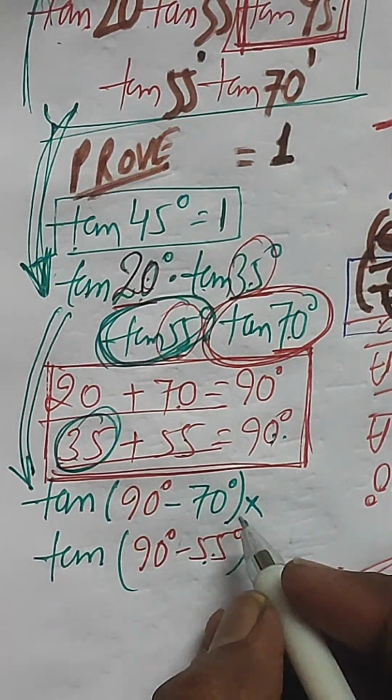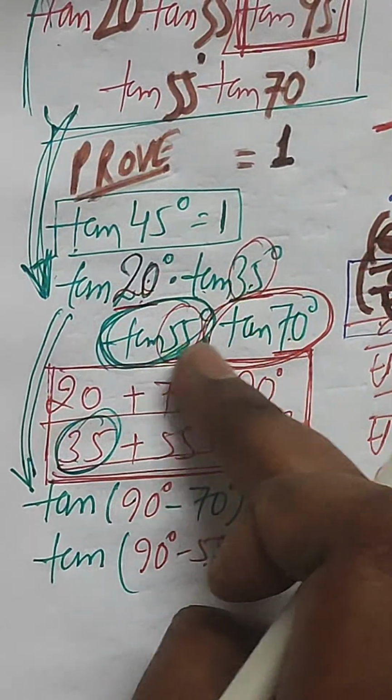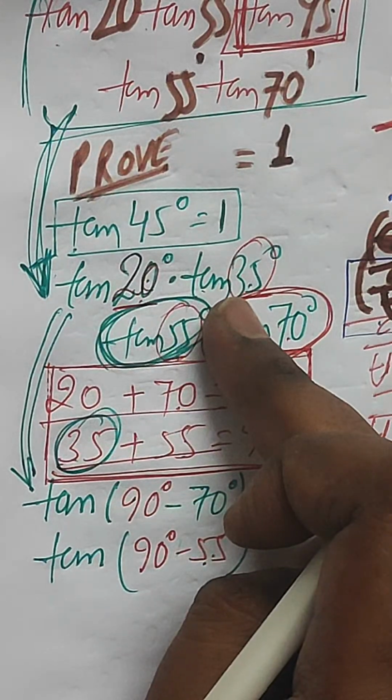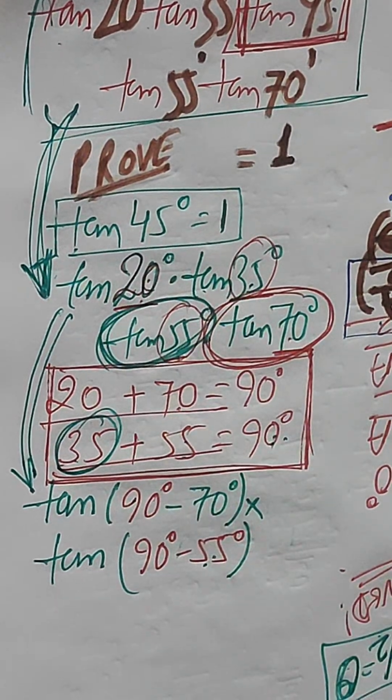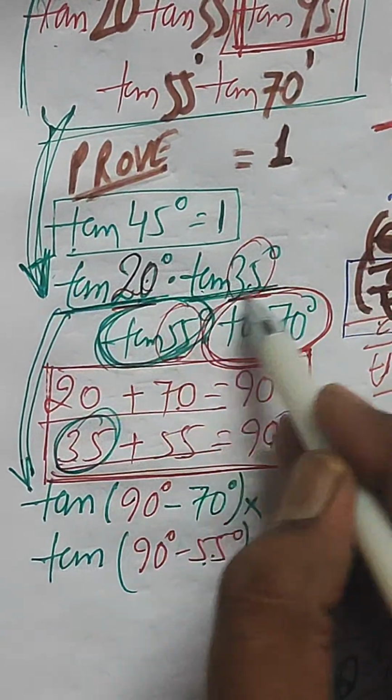So just change only two, don't change the remaining two, because when you change all, then we will again be sitting in the same situation. So just change only two terms into the form of 90 minus theta.